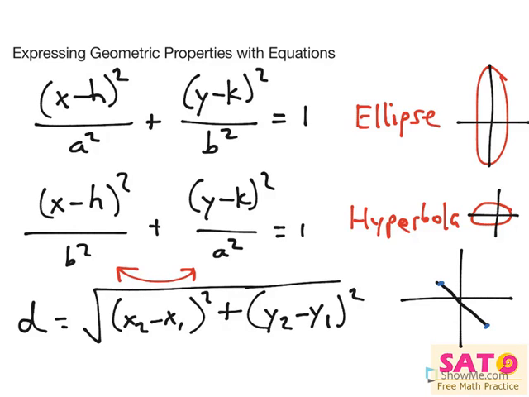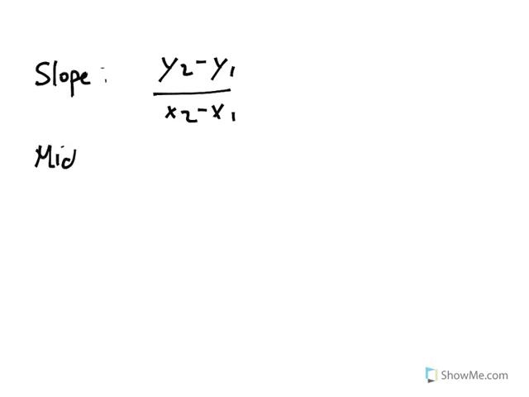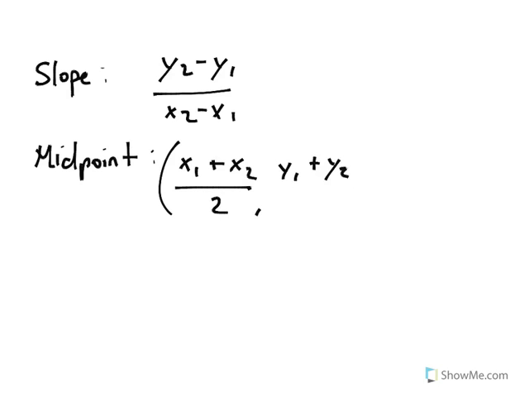Some other ones include the slope formula, that's a classic, which is y2 minus y1 over x2 minus x1. And another really common one from algebra is the midpoint formula, which is x1 plus x2 over 2, y1 plus y2 over 2.